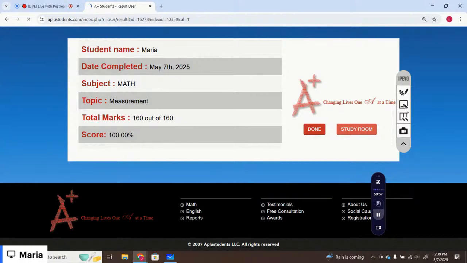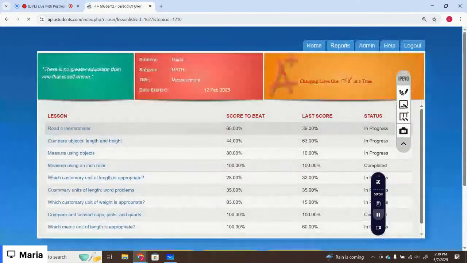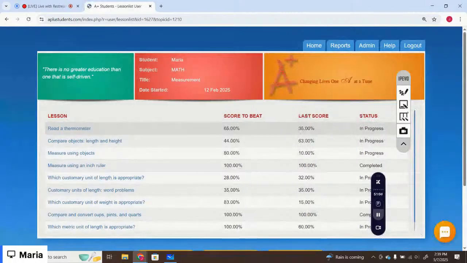The lessons we have covered today are meter, thermometer, compare objects with length and height, measure using objects, and measure using an inch ruler. Please make sure before the next session you complete all the practice questions for the lessons we just did. That is your homework content for the next session.